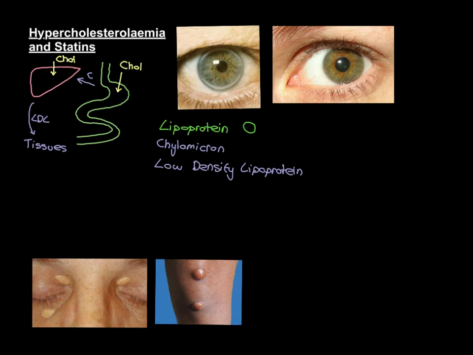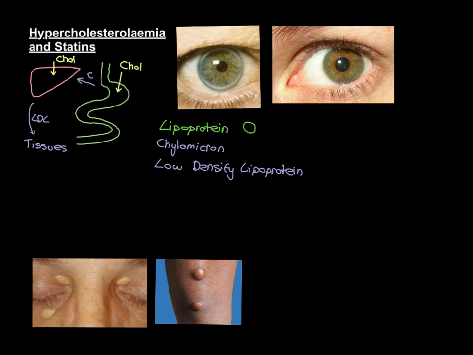There is one final thing that I want to put on this diagram, which is another type of lipoprotein called high density lipoprotein, HDL. So what does that do? Sometimes some of the peripheral tissues can end up having too much cholesterol, and they need to get rid of some of it. In order for that to happen, we need a special lipoprotein to take the cholesterol back from the peripheral tissues and take it back to the liver.